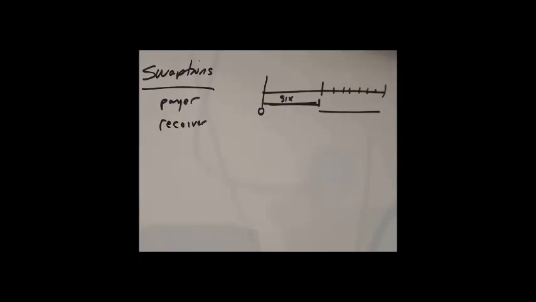Now with the receiver swaption, you would be worried about interest rates falling, and so you would want to lock in a higher fixed rate in the future, which you want to receive. And so there you have it. There you have the basic motivation for it. Let's do it.